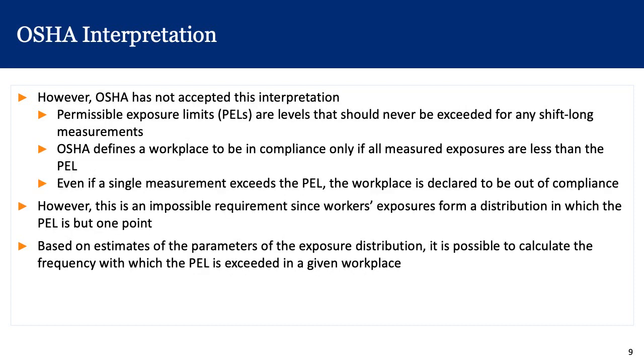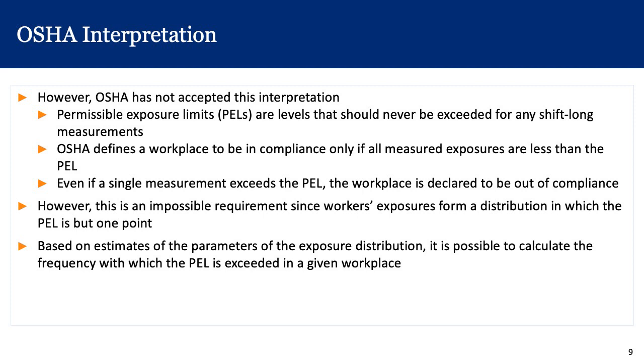The alternative interpretation, and this is the more common interpretation, is in fact by OSHA itself. OSHA has not accepted the Rappaport interpretation. In fact, they state that PELs are levels that should never be exceeded for any shift-long measurement. So even one 8-hour average measurement should not exceed the OEL.